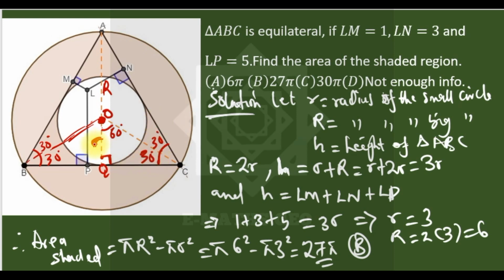Since this is r, the one opposite 60 degrees will be r root 3, and the one opposite 90 degrees is 2 times small r. So have you seen it now? This is also the radius of this big circle. The radius of the big circle is the same as 2 times the radius of the small circle. So we've established this.